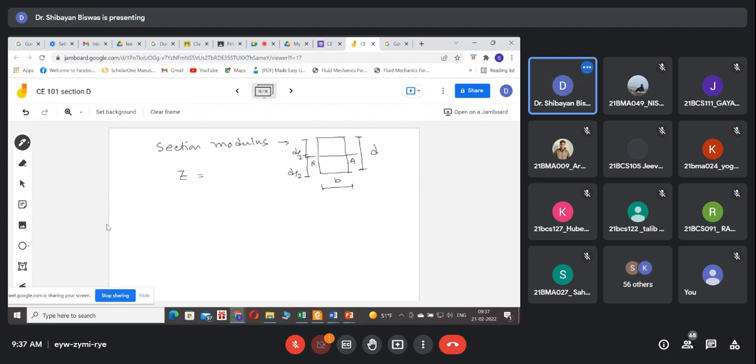Now what do we have to do? What is the I value of the rectangular section about this neutral axis? BD cube by 12. Why have you considered BD cube by 12 and why not BD cube by 3?